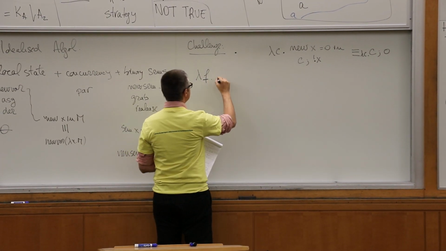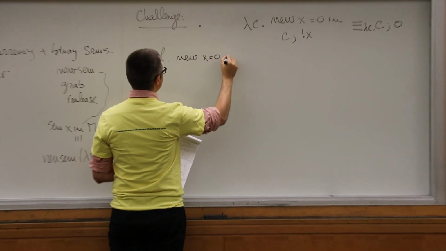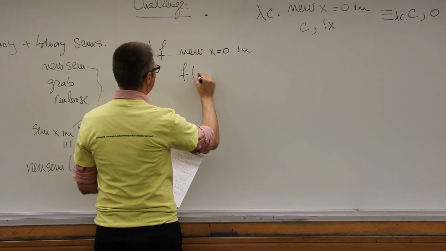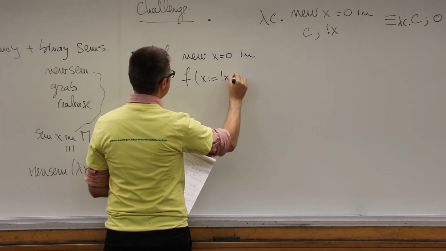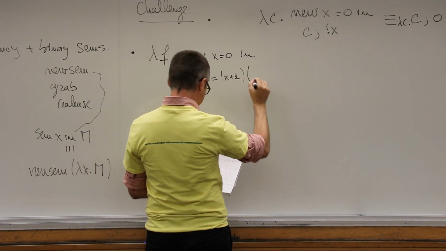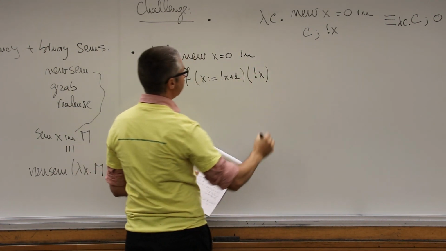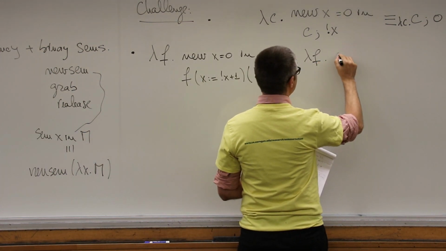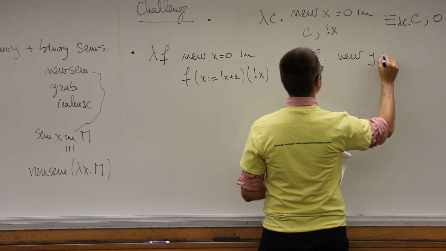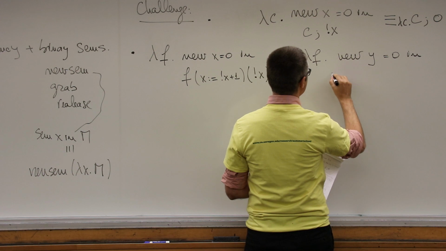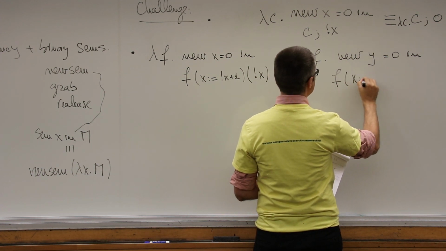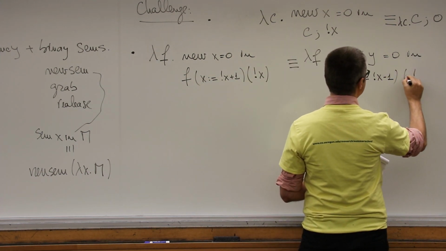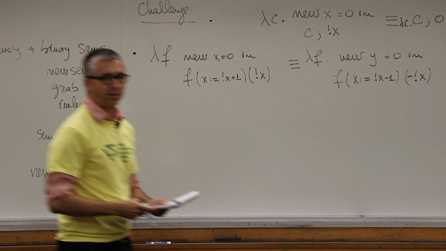Lambda f, new x initialized to 0 in f of x is incremented, so that's the first argument, and then the second argument is the value of x, is equivalent to lambda f new y initialized to 0 in f of x is assigned x minus 1 is decremented, and now it's given the negative of the value of x.